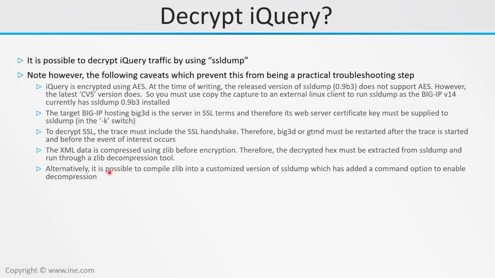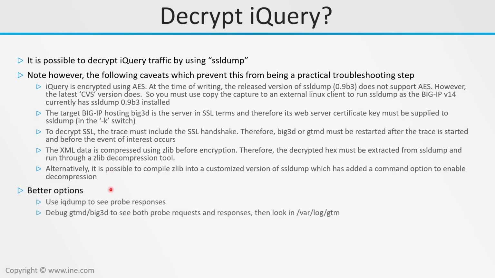So if you want to go through that process, F5 support may have a cleaner way. If you're doing something like this, you may want to contact F5 support, because if you're already digging into the weeds a little bit, you're probably going to need their assistance if it looks like more of an internal bug, right?